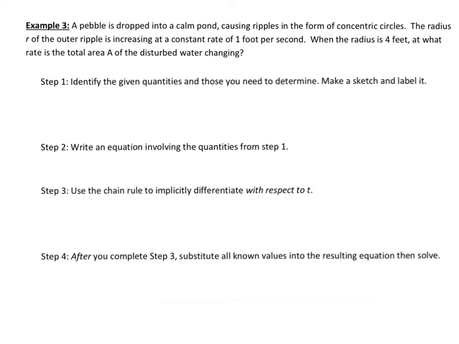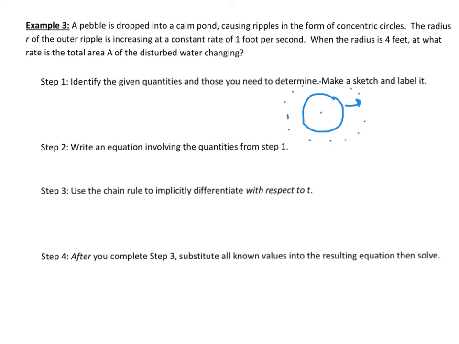The first step is always going to be to identify the quantities that you know, figure out what you need to find, and also if you can make a sketch and label it, I think that's a really good idea. So we have a series of circles, and what's going to happen is the circles are moving outward, and as they move outward, they're going to get bigger and bigger.